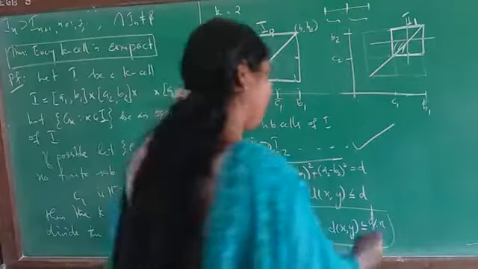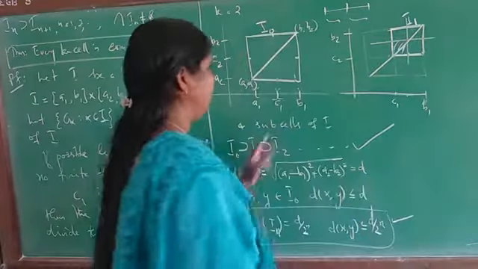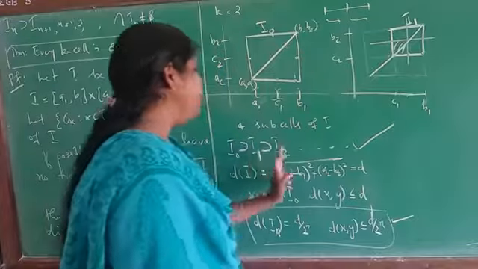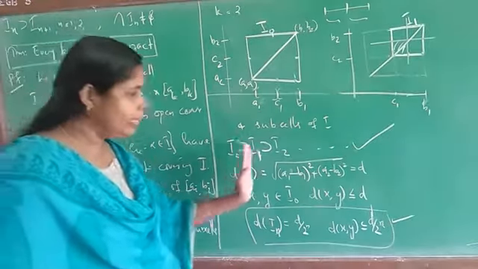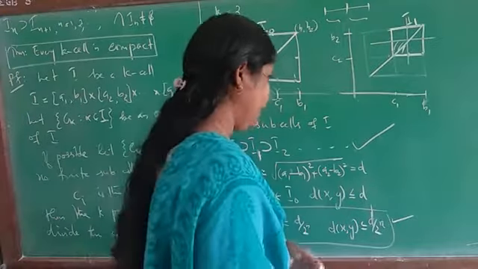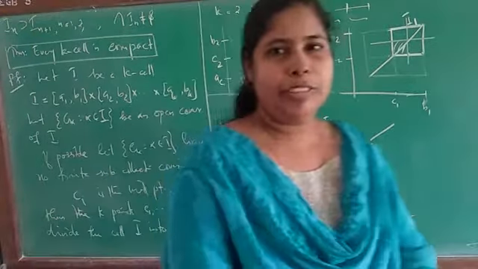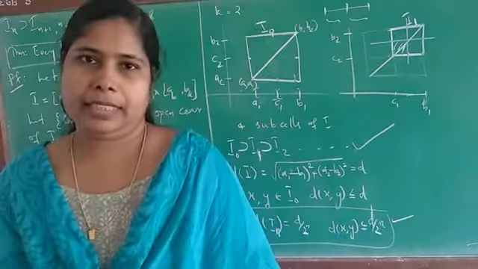And another property satisfied by this collection of cells is that none of them is covered by a finite subcollection of G alpha. These are the 3 properties we have by our choice of this sequence of cells.